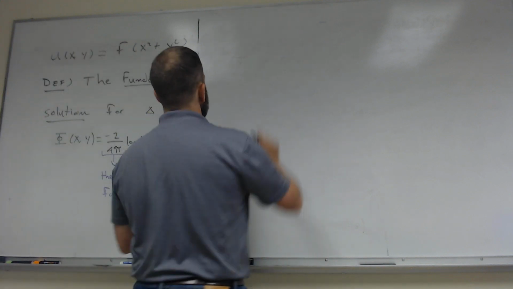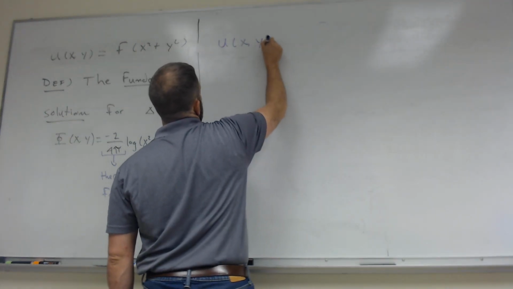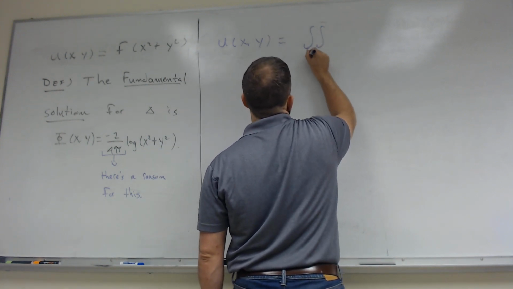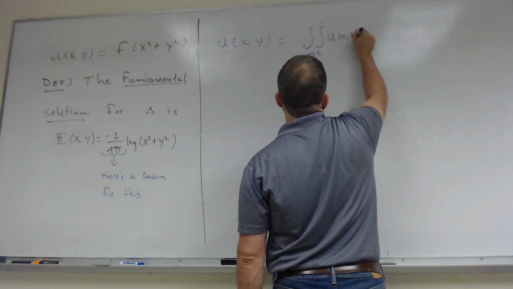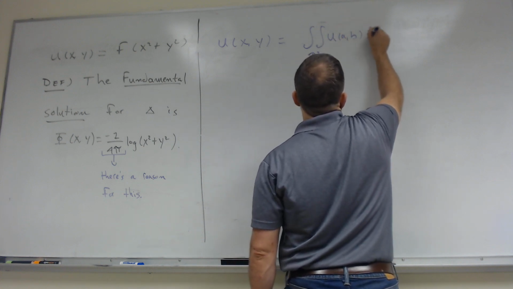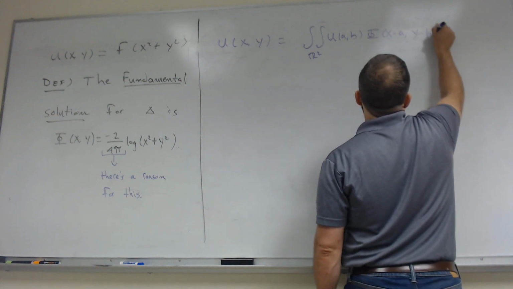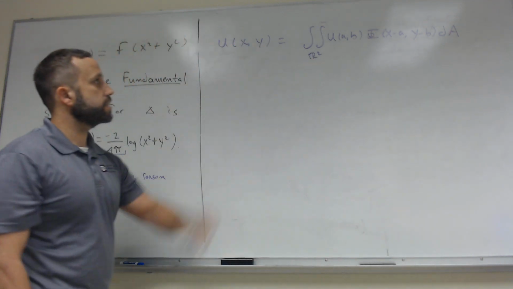In other words, it seems like the function u of x, y, defined as the integral over R2, and I'm going to use a and b as my variables of integration, so I'm going to have something like this, should give us a harmonic function.